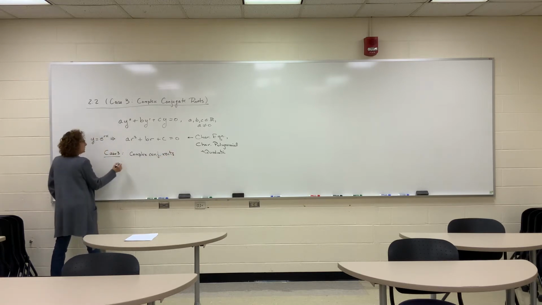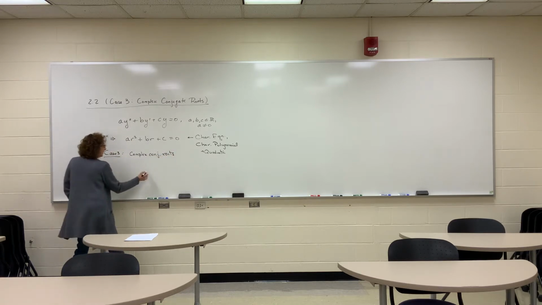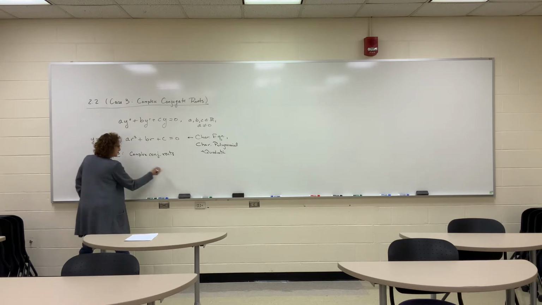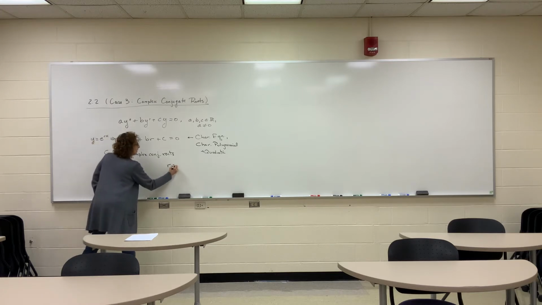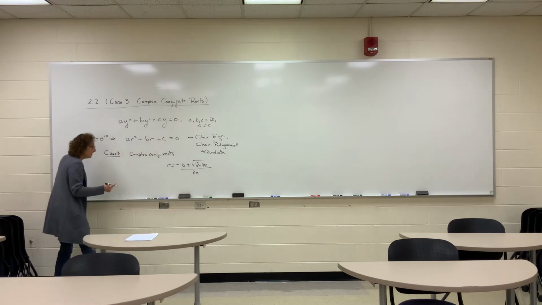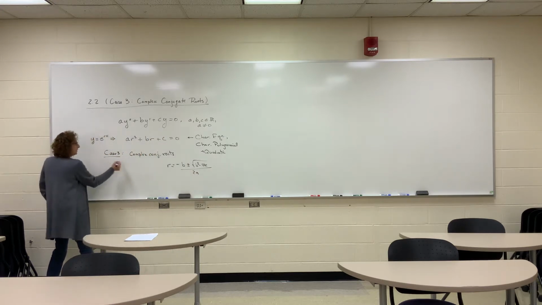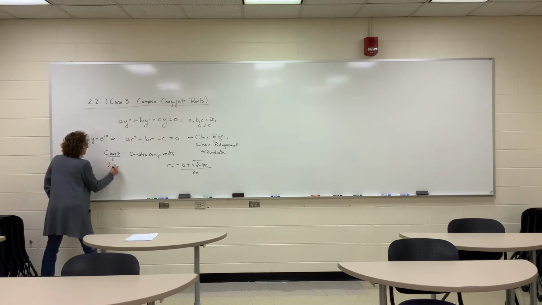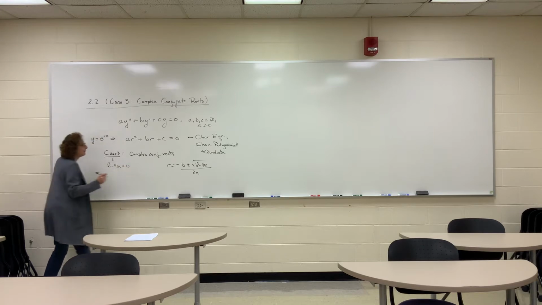And that's going to be the case where our discriminant, remember r is minus b plus or minus the square root of b squared minus 4ac all over 2a, right? We don't really care so much about that. We generally aren't using that, right? But what puts us in that case is when b squared minus 4ac is negative, right?